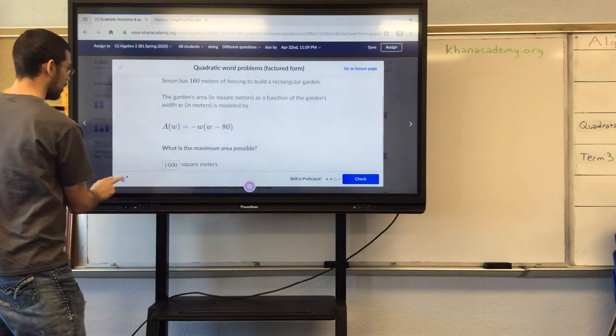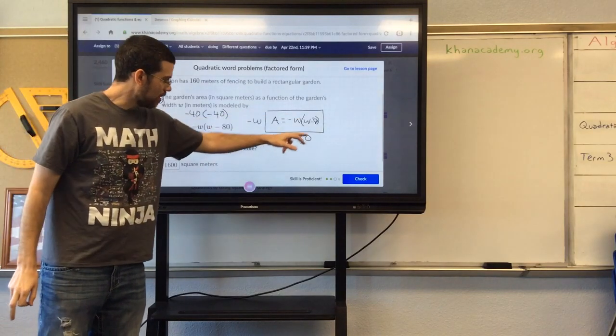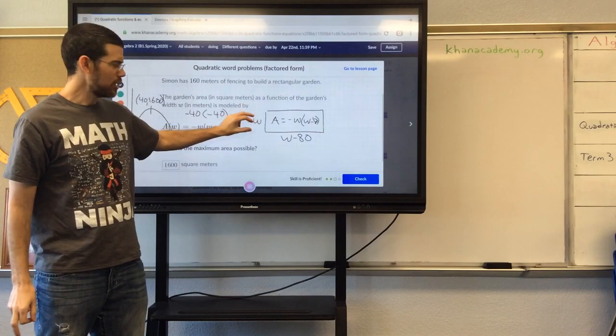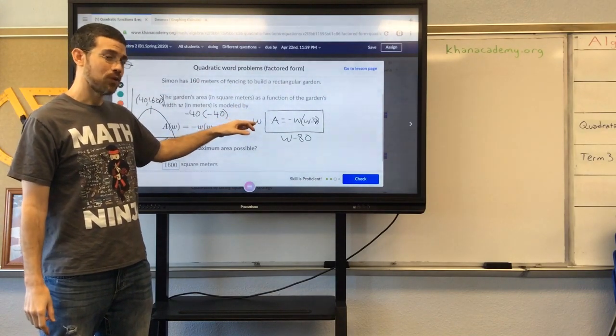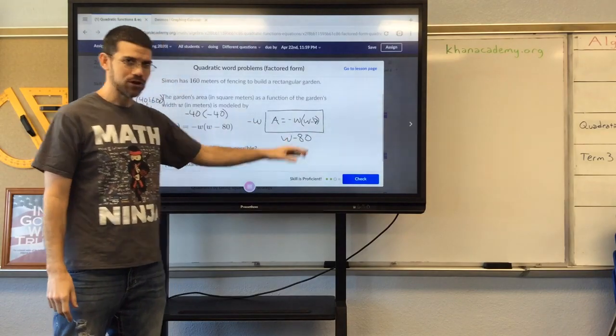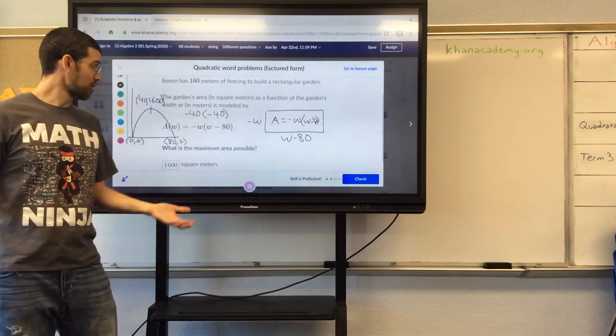Now I want to point one other thing out. If I put 40 in here, I get a rectangle that supposedly has negative 40 units for one width and negative 40 units for the other width. This is a problem geometrically, right?